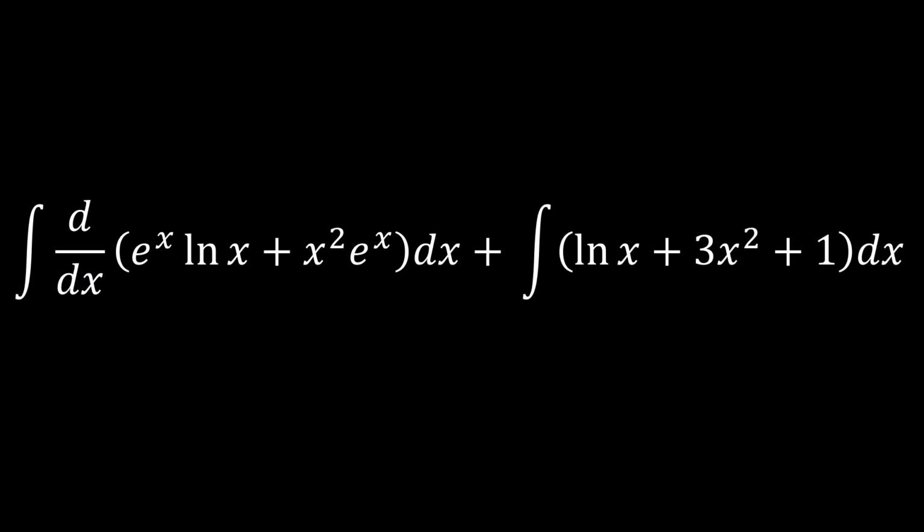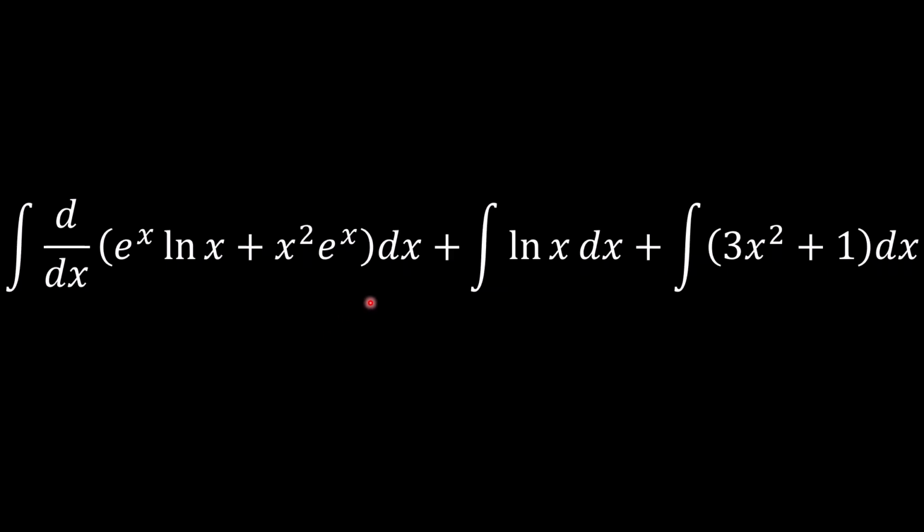And then what we could also do is separate this into three separate integrals, and that allows us to say, okay, if the integration sign is an antiderivative, it means that whatever is under the differentiation sign inside the integration can now be expressed as it is.